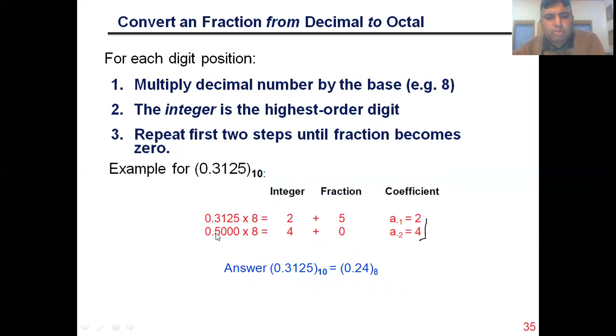Then we multiply 0.5 by 8. It becomes 4.0. So we repeat that process until the fraction becomes 0. So 2 and 4 are the integers. So we arrange them in straight order. 0.24 octal is the base 8 equivalent of 0.3125 decimal number. This is similar to the last method which we used for binary.